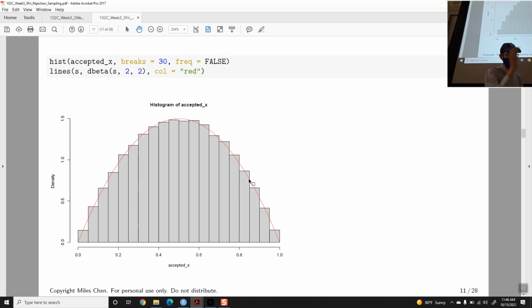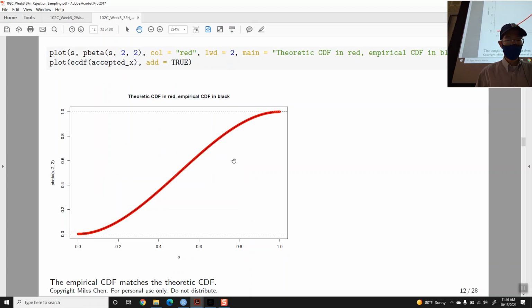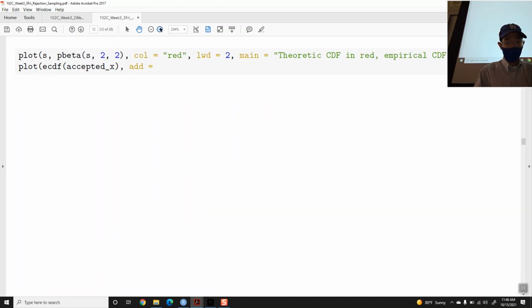And here is a histogram of the values I accepted. And we can see that the histogram of the accepted values fits the theoretic probability of the data distribution quite well. And if I create an empirical CDF, it's kind of hard to see.